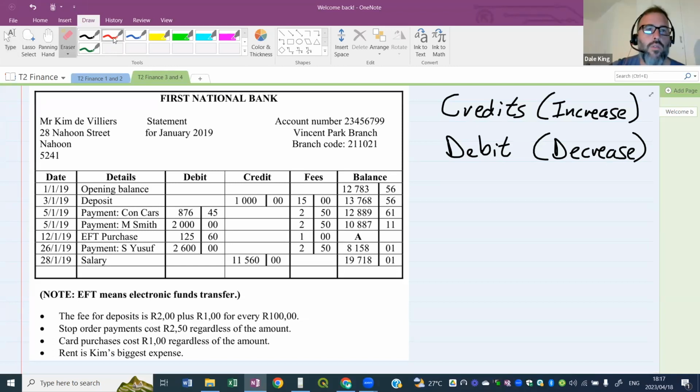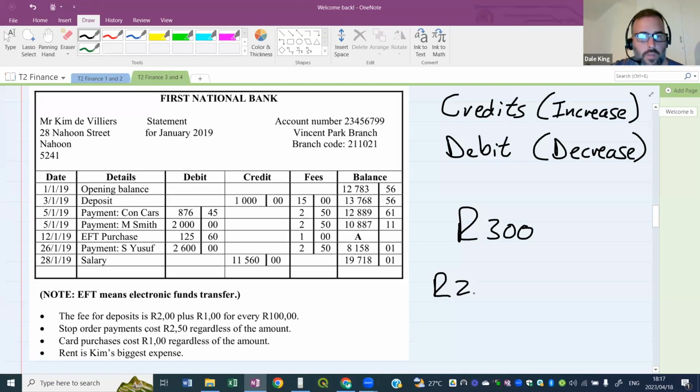So for example, this is similar to Thursday's lesson. If you want to deposit 300 Rand, you have to pay 2 Rand always, no matter how much you deposit, plus 1 Rand for every 100 that you have. Now, how many hundreds do we have?